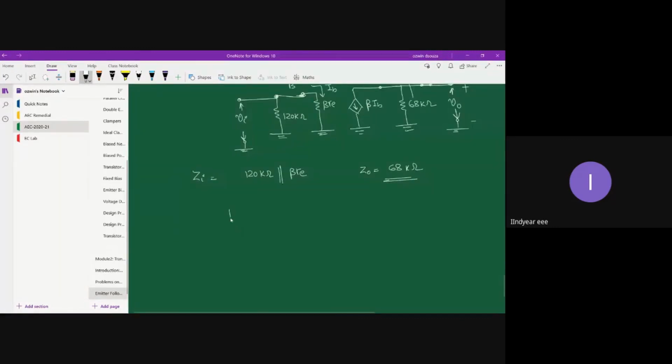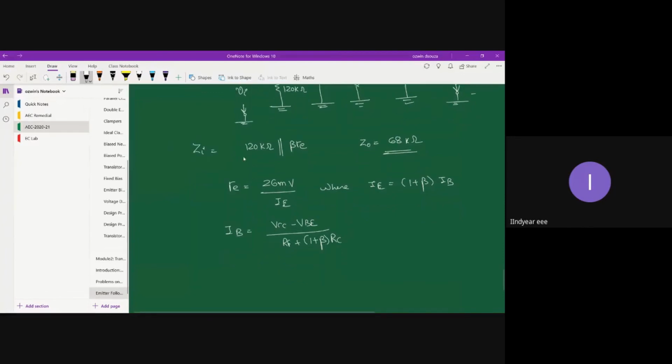Your Re is going to be 26 millivolt divided by IE, where your DC current IE is 1 plus beta times IB, and IB is VCC minus VBE divided by RF plus 1 plus beta times RC. Once IB is known, you can find IE. Once IE is known, you can find RE. With RE, you can find beta RE as well.